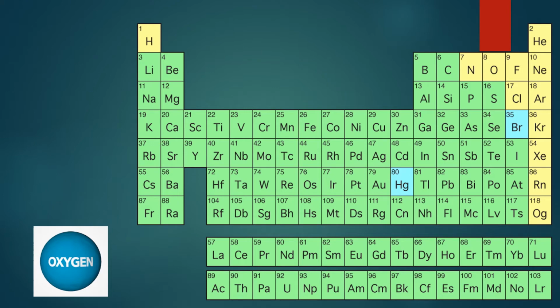We could go logically backwards. If I wanted to know how many protons are in the nucleus of an oxygen atom, I would find oxygen on the periodic table. Here it is, circled in red, and I notice that it has 8 protons. So oxygen's atomic number must be 8.